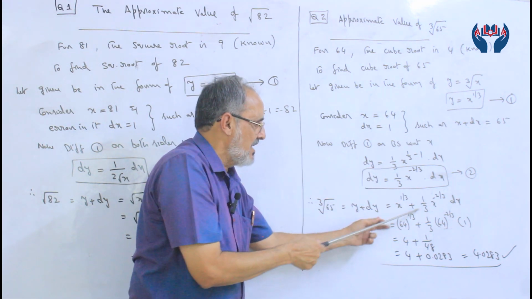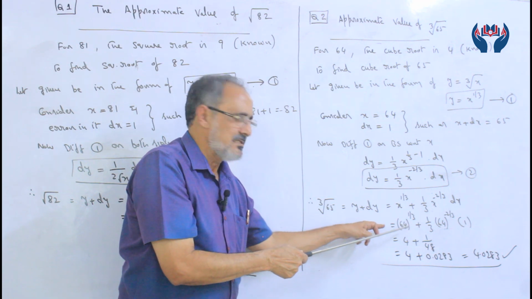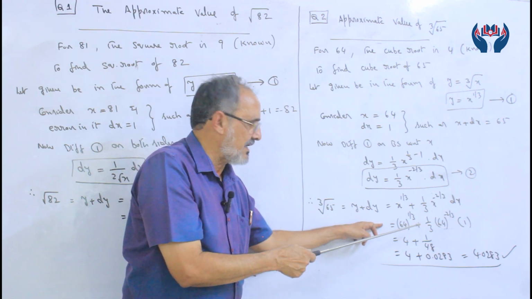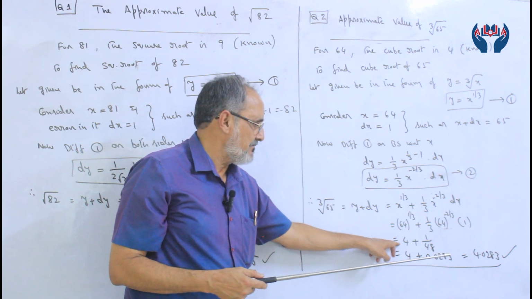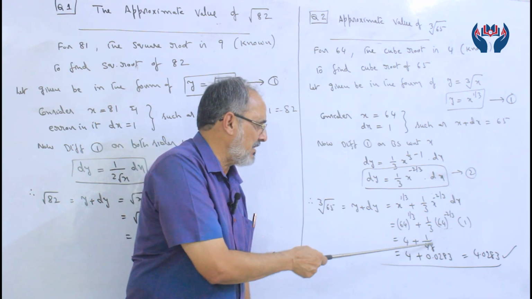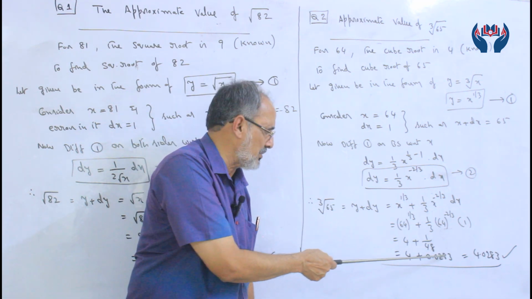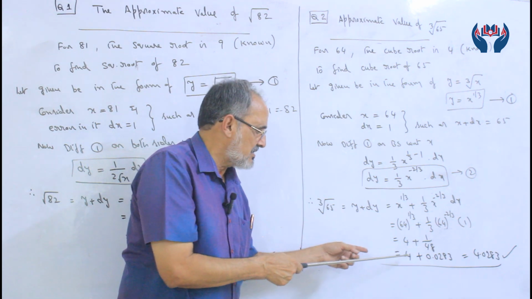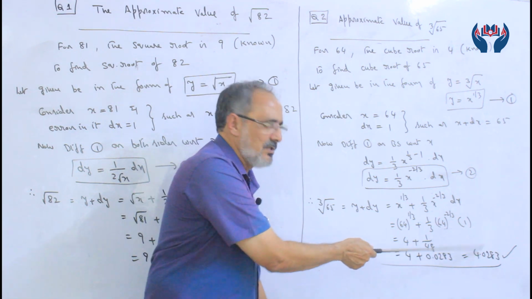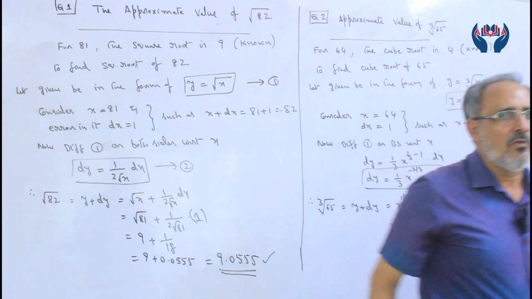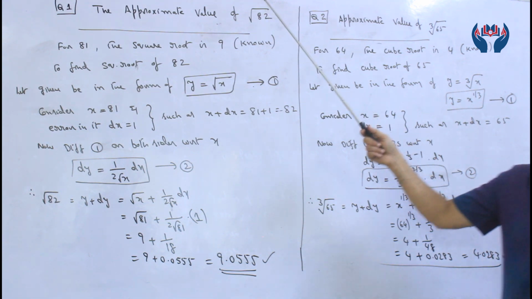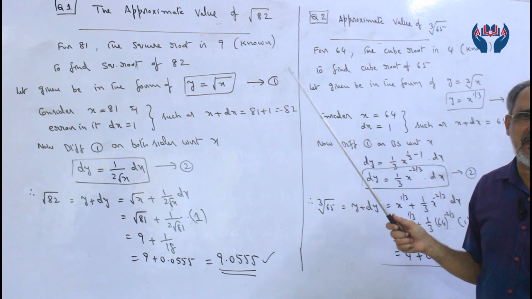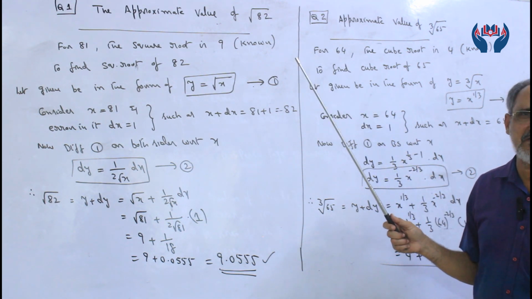On the right hand side, substitute x as 64 and dx as 1, that comes as 4 plus 1 by 48. 1 by 48 is nothing but 0.0208. Adding these two, the answer for the second question is 4.0208. Similarly, suppose the question comes, sir, how to find log 3? It is also the same picture.